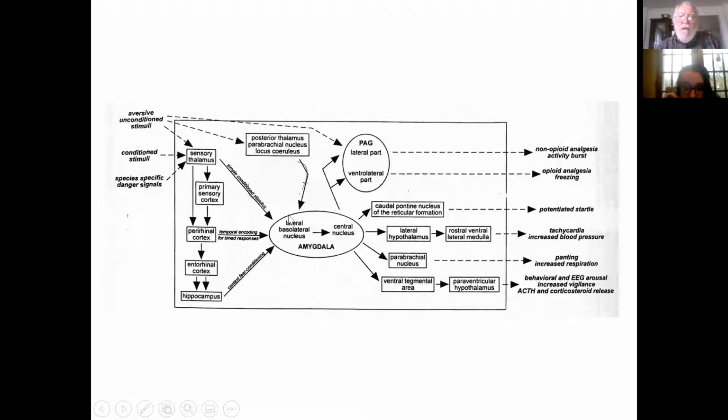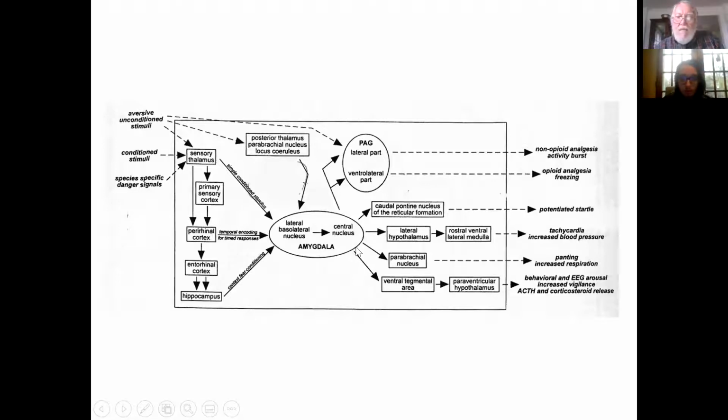So then the basolateral nucleus goes to the central nucleus, and look at all of the different areas that get activated. One area is the ventral tegmental area, which of course will then stimulate the mesolimbic and mesocortical dopamine systems. And we'll talk about that a little bit later in this lecture.